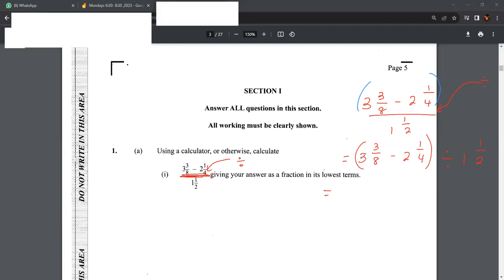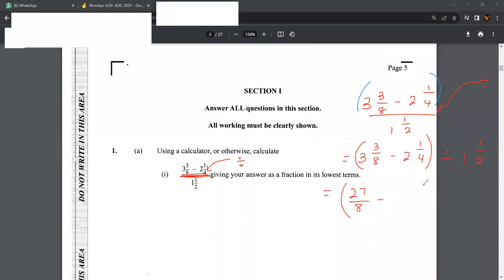So changing, multiply my whole number by my denominator before we add the numerator. So we'll have 8 times 3, which is 24, and then 24 plus 3, which is 27. So it's going to be 27 over the same denominator.